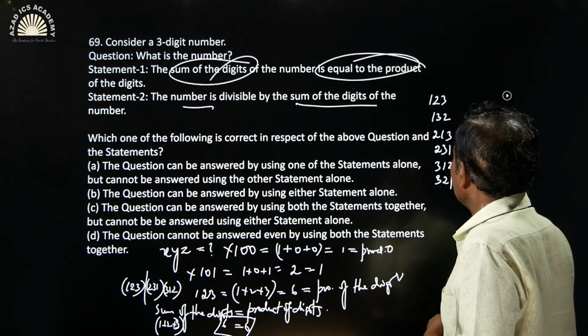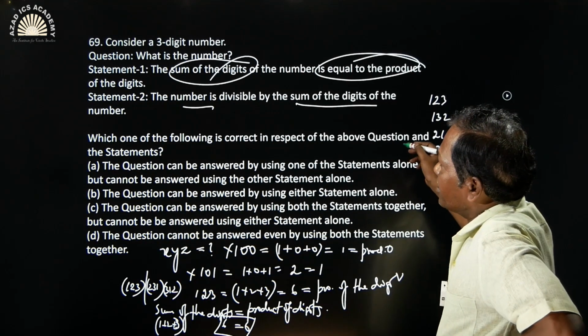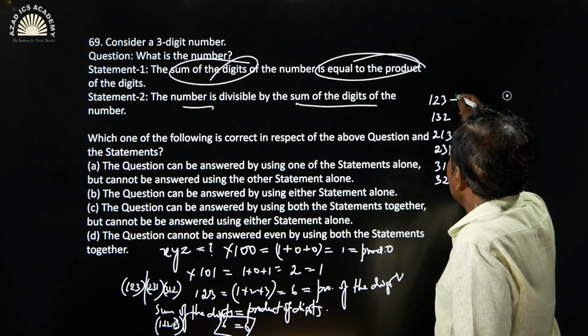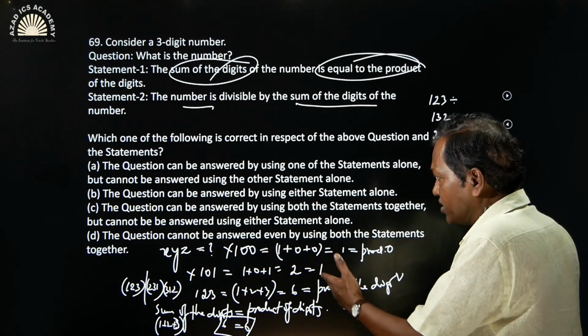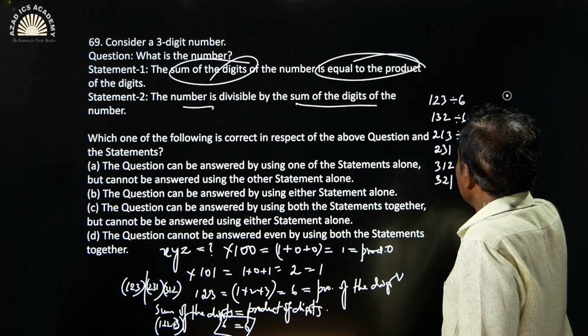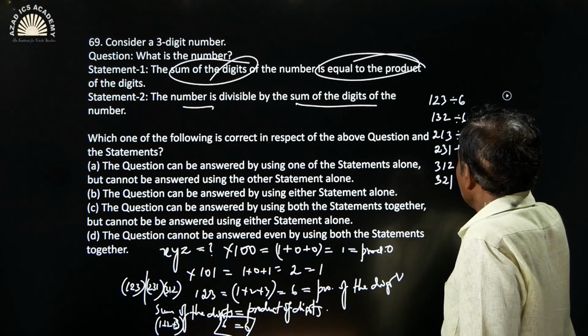So these are the numbers, and the number is divisible by the sum of the digits. What is the sum of the digits? 6. If 6 is possible, for which number is it possible? We have to see that.